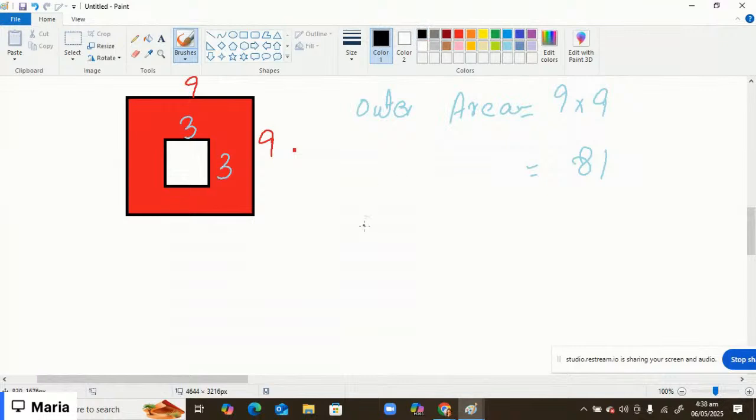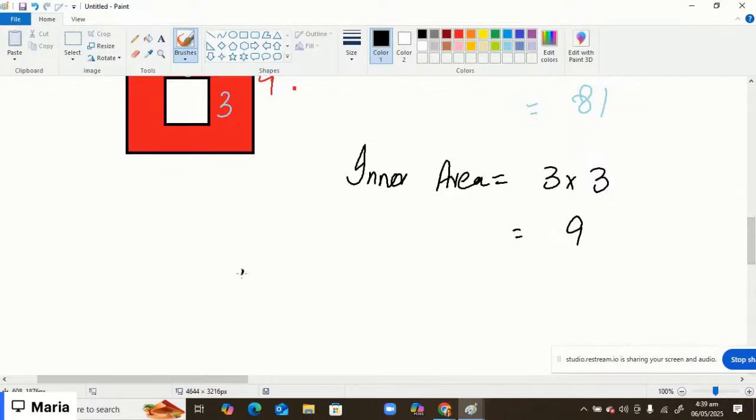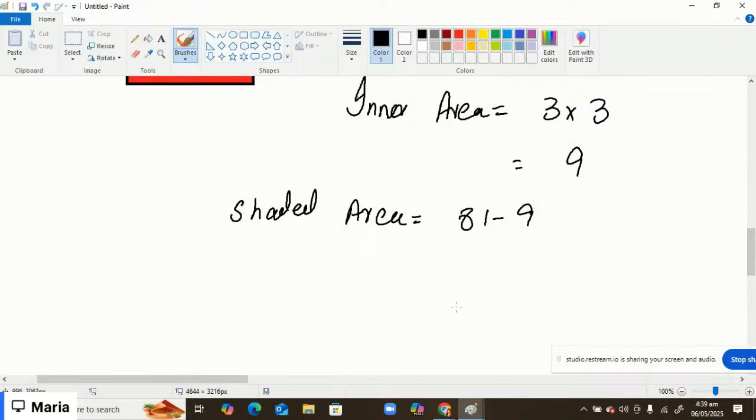Now the inner area, 3 times 3. That is 9. Now the shaded area, 81 minus 9. Tell me 81 minus 9.